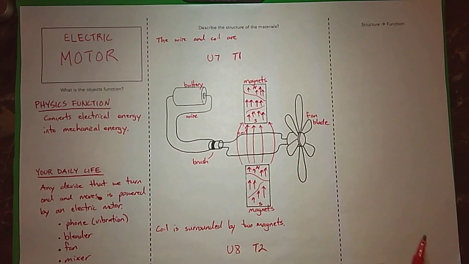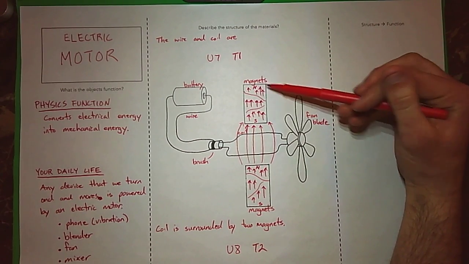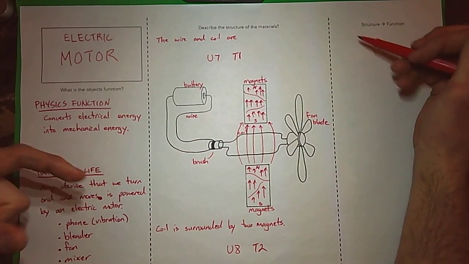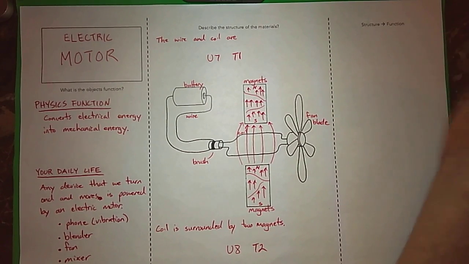So now I'm going to go into the function of how this object works. This is my structure to function. So I'll be talking about maybe the magnetic properties of these objects, the conductive properties of these objects, and also now I'm going to be incorporating the relationship between magnetism and electricity, or electricity and magnetism.